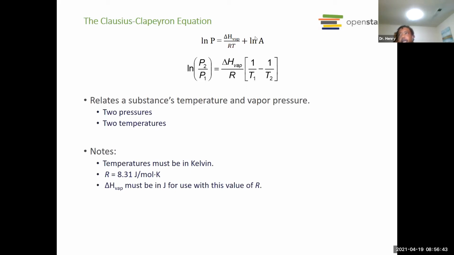And ln A is basically a constant. Since we know that it's a constant, we can rearrange our equation based upon P1 and P2, saying that there are two different pressures and two different temperatures. Then we can use this to calculate the changes that would occur between those two pressures and two temperatures. Does that make sense?